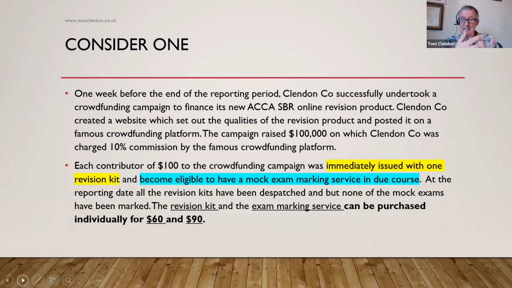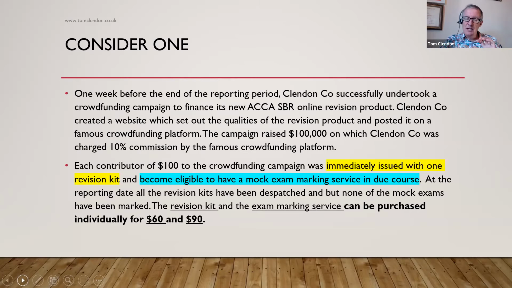So we've got to identify the sale. We've got to identify the two performance obligations and the fact that we've met one, and we've got to allocate the transaction price, and the transaction price is 100, not 90. We've got to allocate it to the two performance obligations in proportion to their standalone prices.